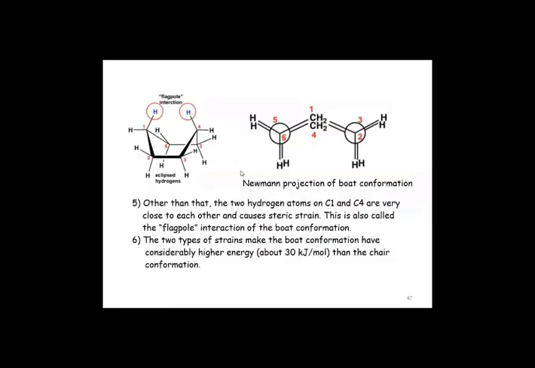Now, when we try to represent this boat conformation of cyclohexane using Newman projection, this projection will look like this. Carbon number 5 and 6 is taken as the axis of observation, keeping carbon number 6 at the front and carbon number 5 representing the rear side. So observation is done from this side.